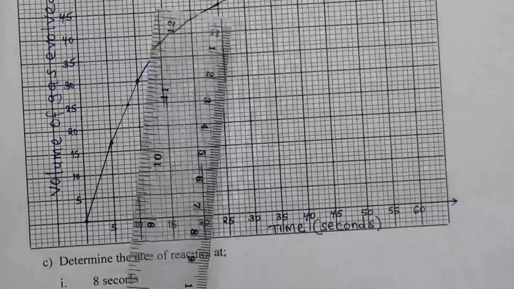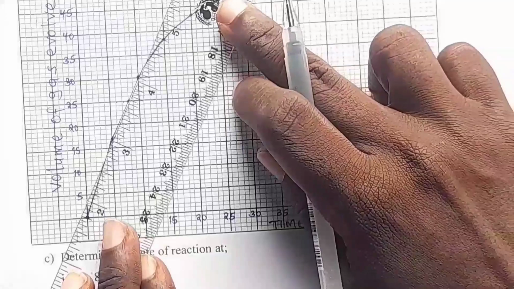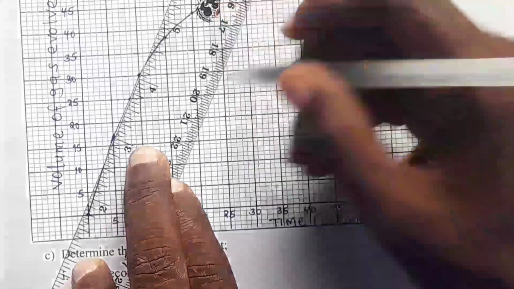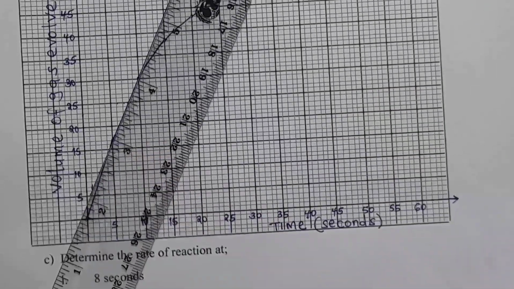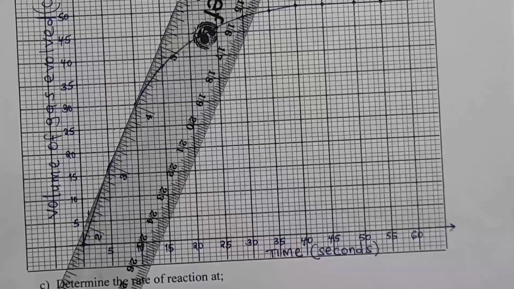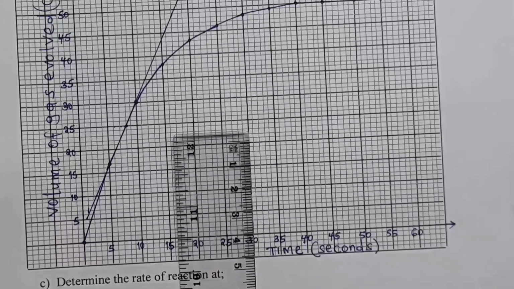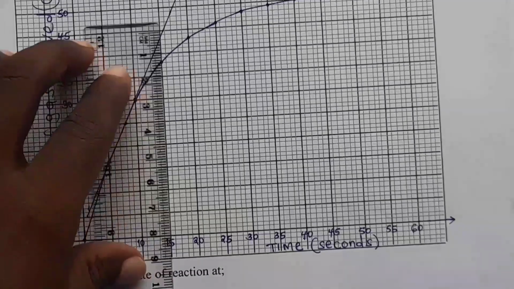How do you draw a tangent? We take the ruler and put it at that point, 8, then we make a line like that. Then we are supposed to draw a triangle so that we can calculate the gradient at that point. We can pick any point.